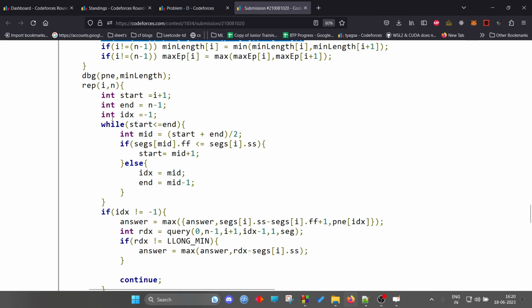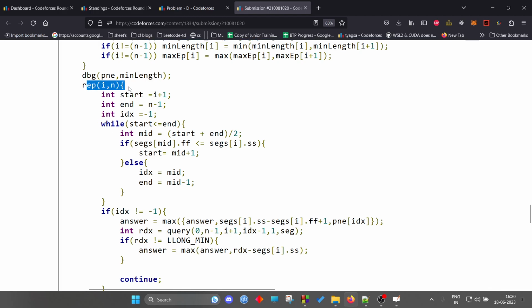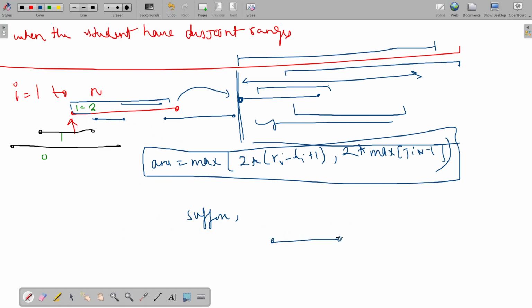Then for the first part, I'm doing binary search, so I go over each index. I set the start to be I plus 1 and end to be n minus 1. And then I try to find the first index such that the starting of that index is greater than the ending of yours. So you want to find the first index which starts after you.